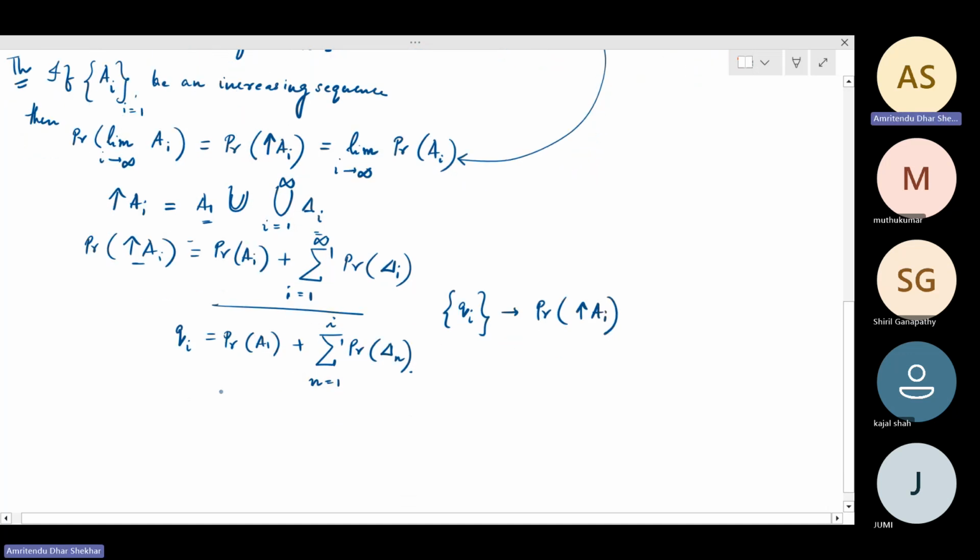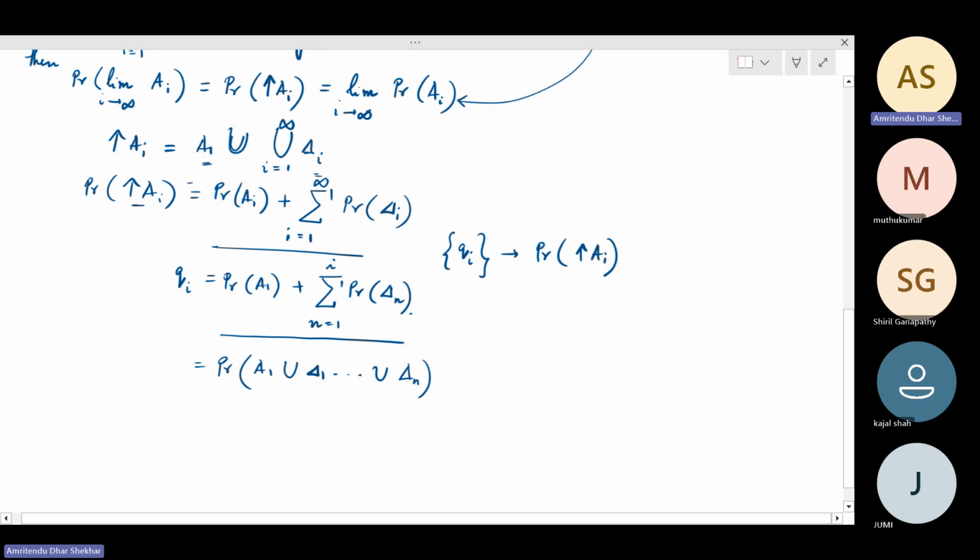But if you notice carefully, what is this probability? Because they're disjoint, you can write it as equal to A1 union delta 1 up to delta n, right? But this term is exactly equal to A_i.